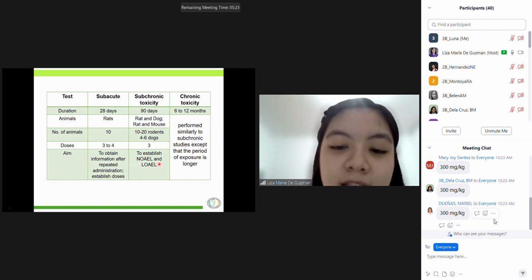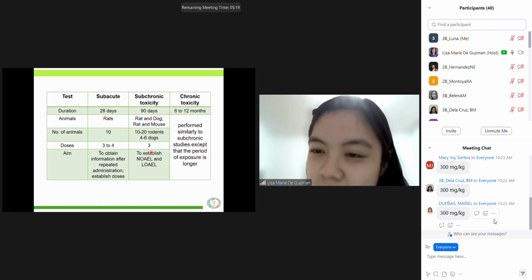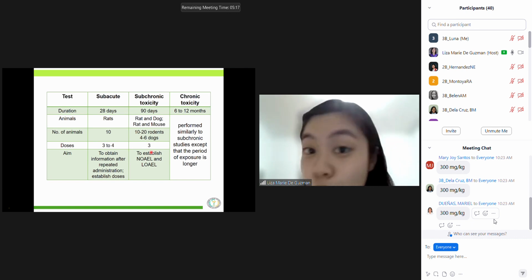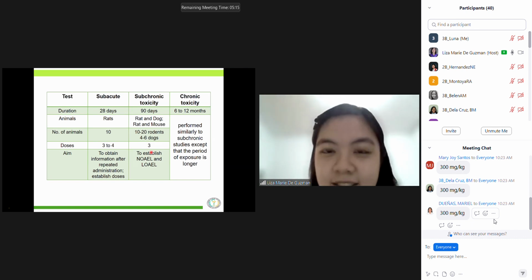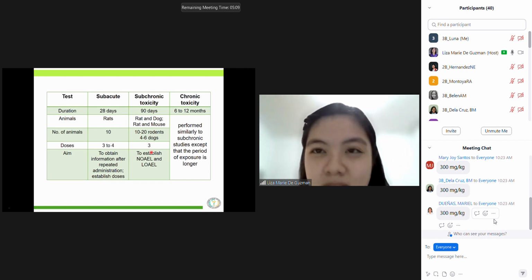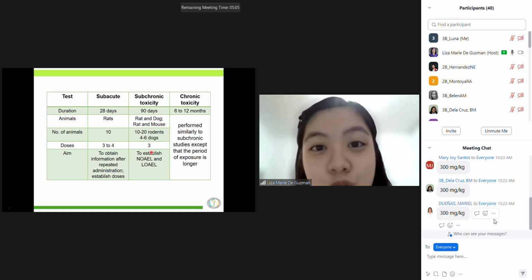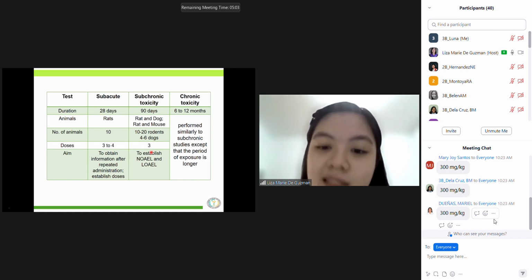So pag sinabi nating NOAEL, ang keyword natin is maximum. This is the maximum dose where there is no observed adverse effect. Again, NOAEL, our keyword is maximum or the highest dose where there is no observed adverse effect level. How about LOAEL?